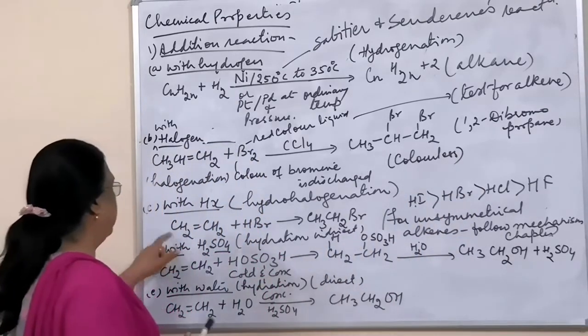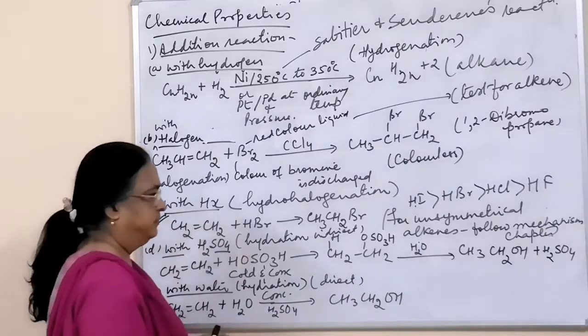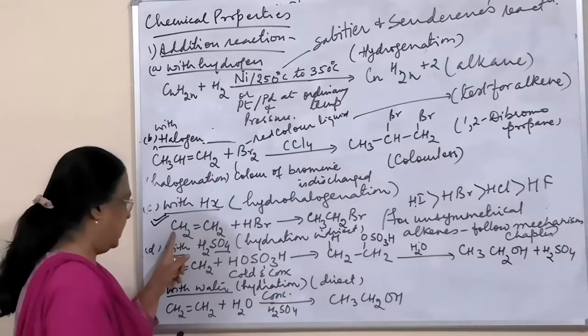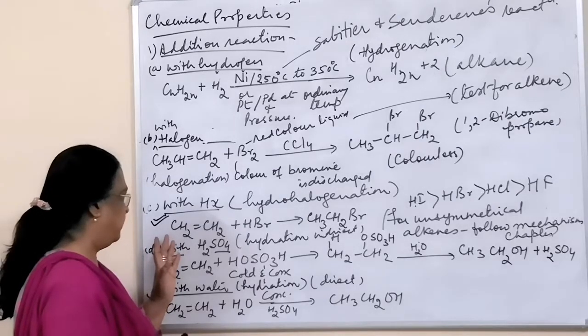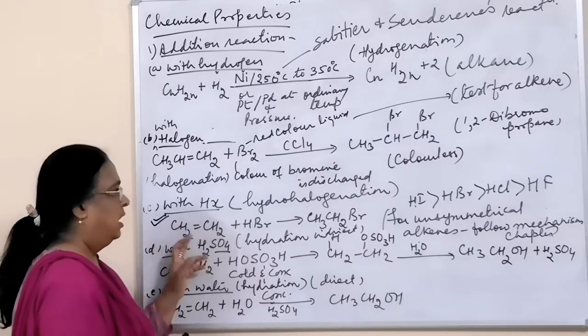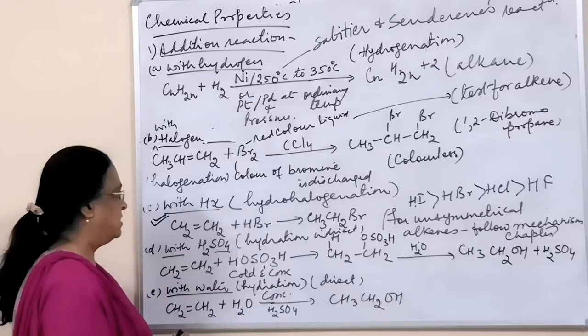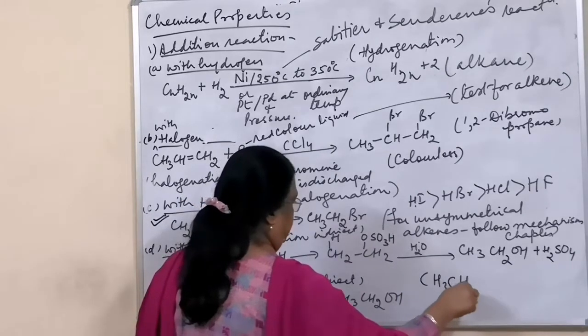The other thing about this particular reaction, most important for the mechanism portion, is for unsymmetrical alkene. Here this is a symmetrical alkene. When the alkene has a different number of carbon atoms on either side of the double bond, then the alkene is unsymmetrical. This is an example of an unsymmetrical alkene.